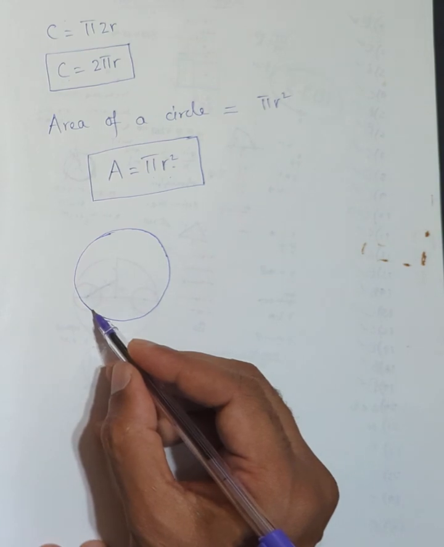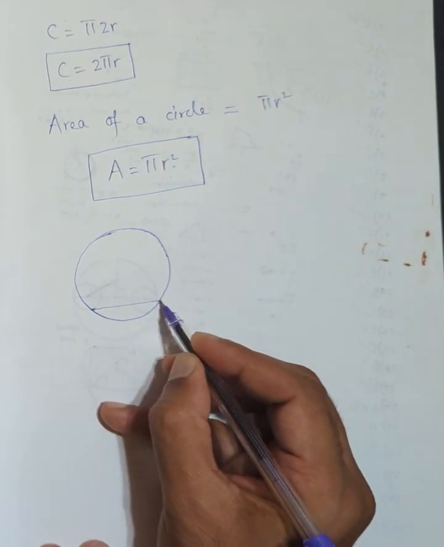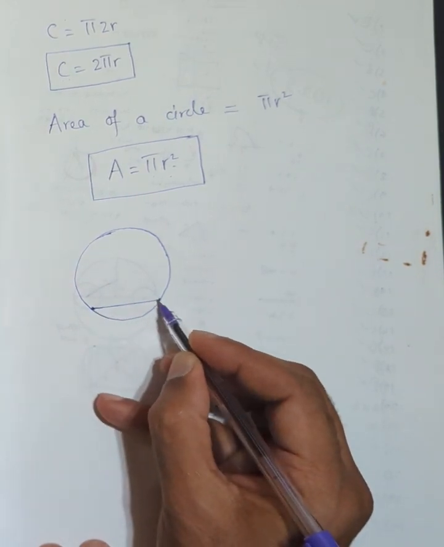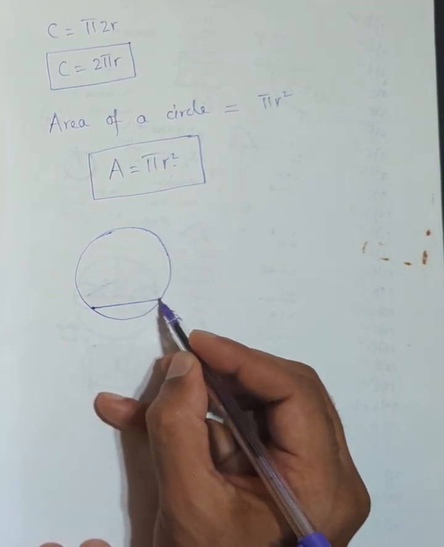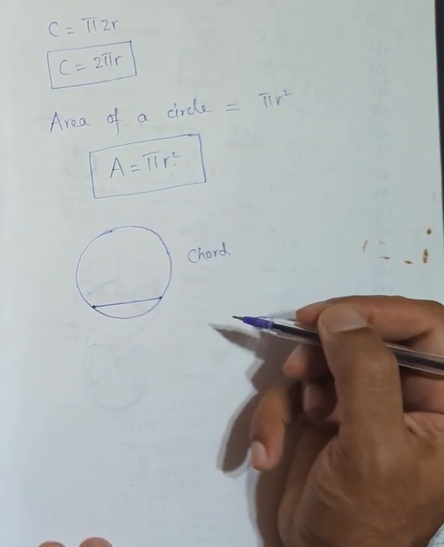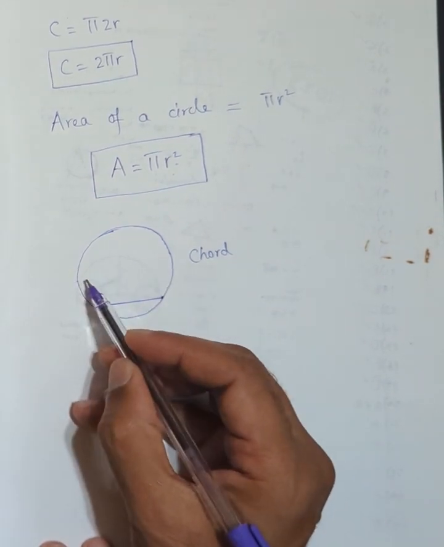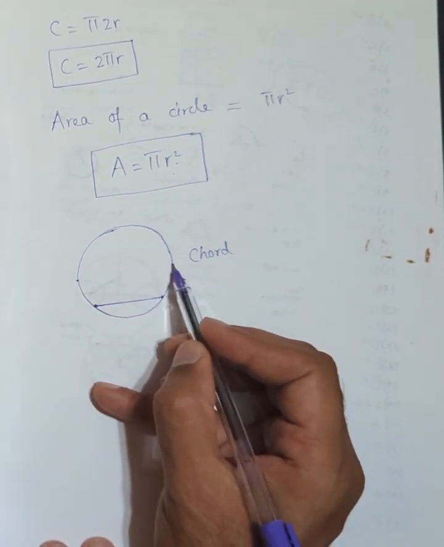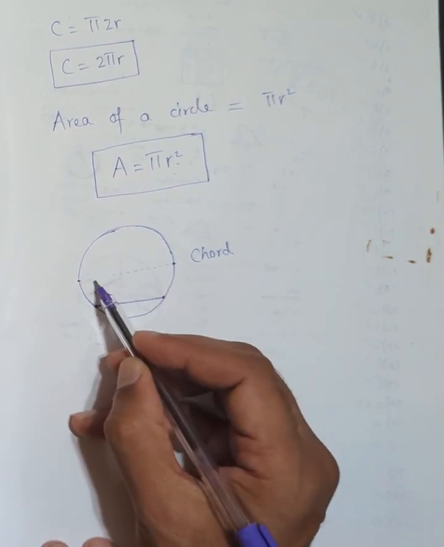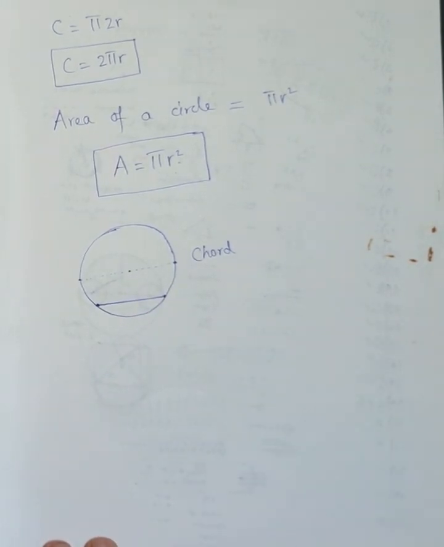Now if you were to join one point on the circle to some other point on the circle and stay within the circle, this is called the chord. So the question, is diameter a chord? Yes, it is a chord. Earlier we drew diameter. Diameter passed through the center, and notice diameter is the biggest chord.